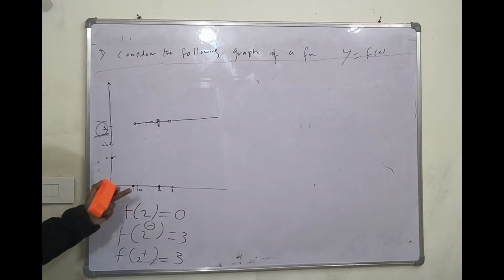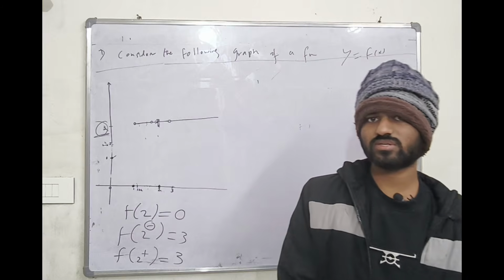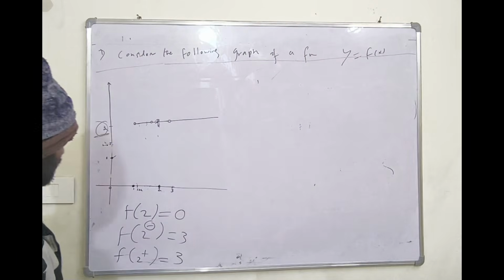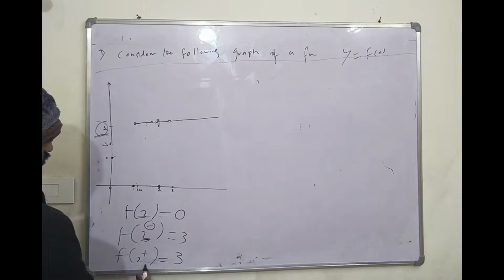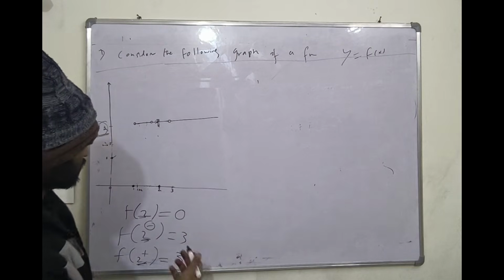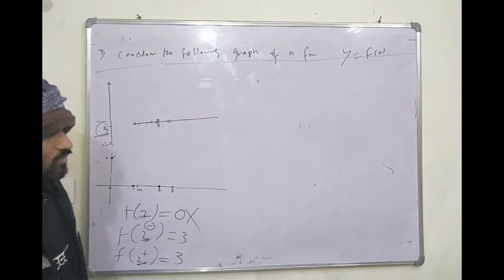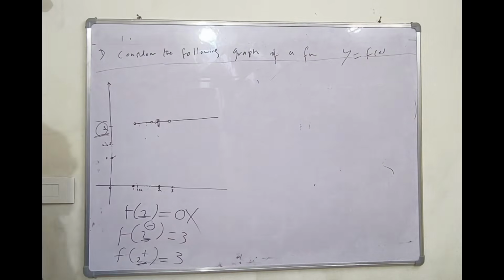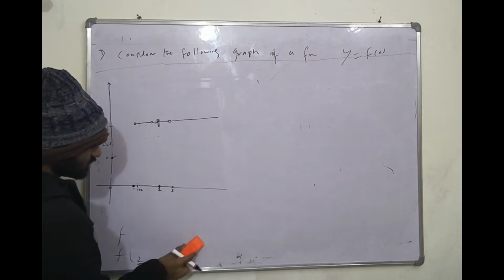So for seeing existence of the limit, we don't care about the value at x equals 2. We just care about x equals 2 minus and 2 plus. If they are equal, then our limit exists. No need to talk about what happens at x equals 2. Left hand limit is plus 3, right hand limit is plus 3, then done, our limit exists. So option B is wrong. They gave limit does not exist.